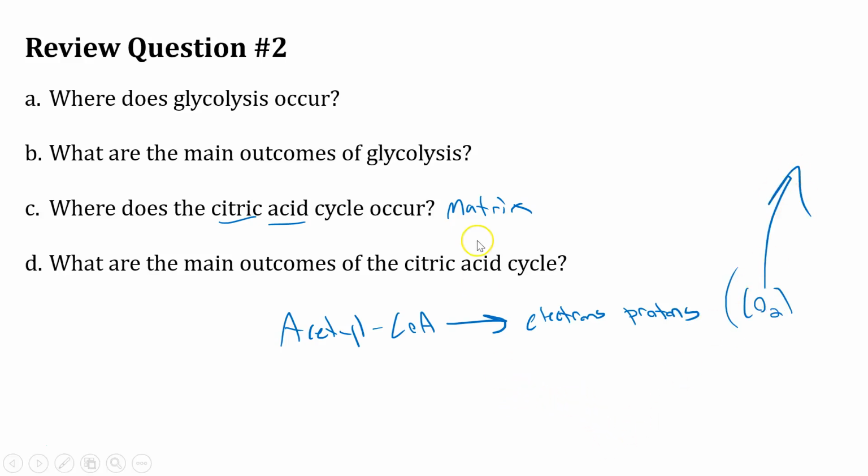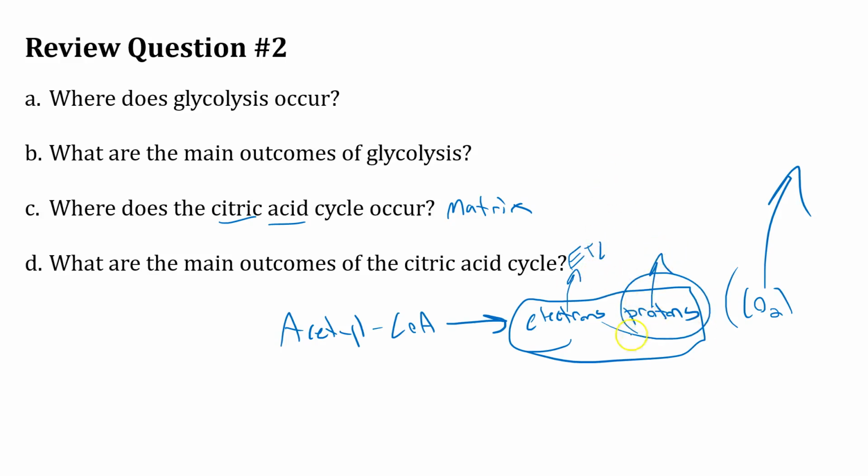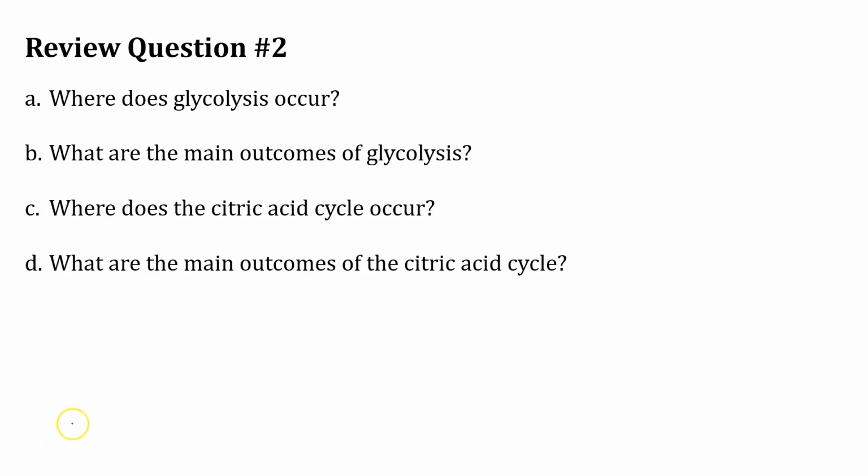Then those electrons and protons, again, for the umpteenth time, protons get put into the intermembrane space. Electrons go to the electron transport chain, where they actually are the things that are responsible for making the protons go into the intermembrane space. All right, there you have it. The first kind of run through of aerobic cellular respiration.